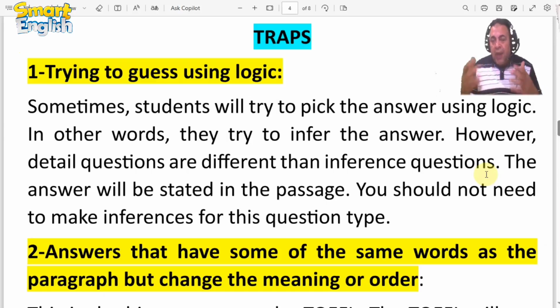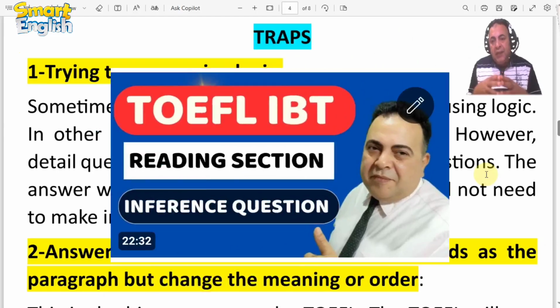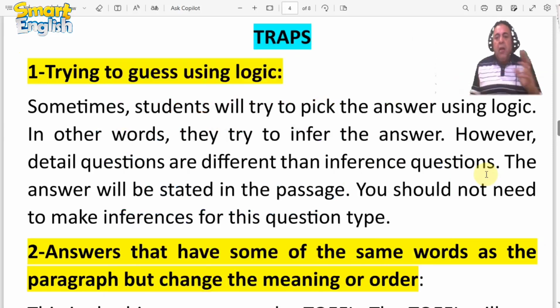If you would like more information about the inference question, you can check the playlist and search for the inference question. We have explained it previously. So now, in the detailed question, the answer will be stated in the passage. You should not need to make an inference.